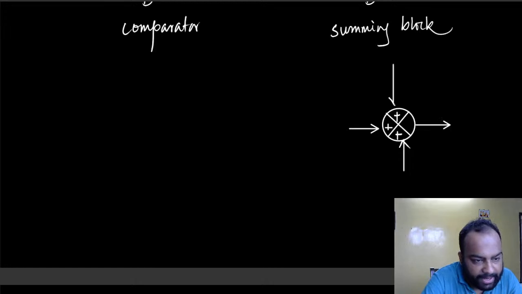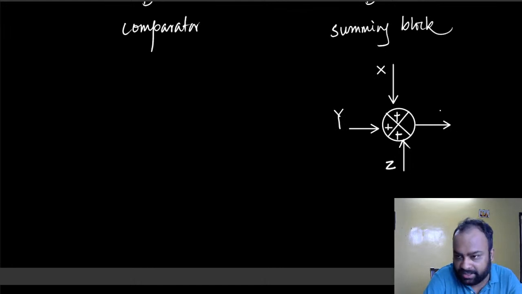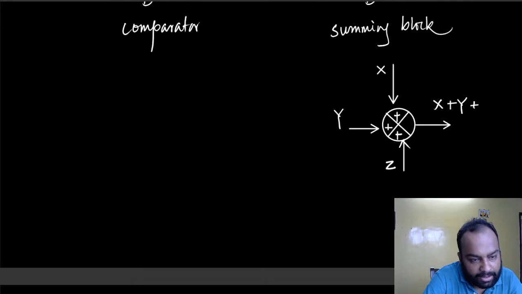Again, the arrows are pretty important here. The arrows pretty much denote in which direction the signal is flowing, right? So say this is X, this signal is Y, this signal is Z. Of course, the output of this summing block would be X plus Y plus Z. So this is again another summing block, right?